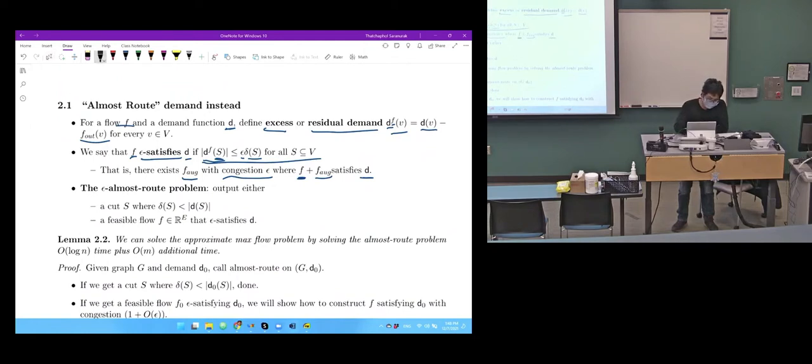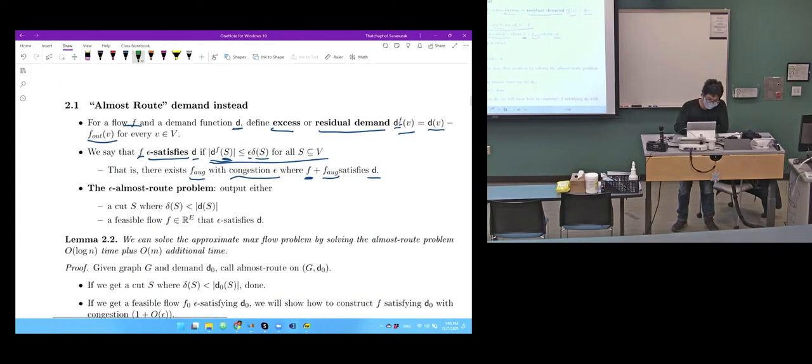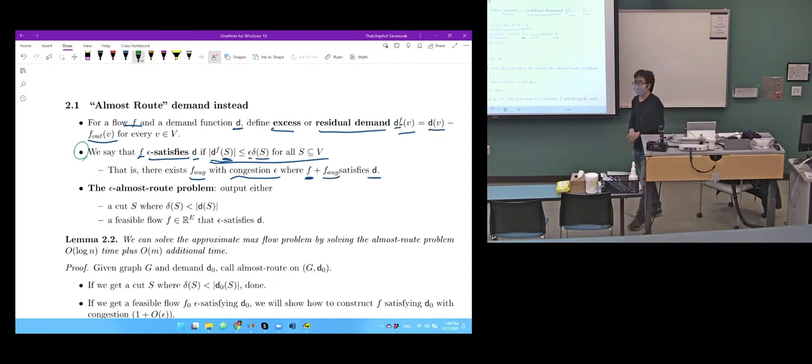So this is very important. Question about this definition: that F epsilon-satisfies D. We need delta S, the cut size of S. It means this, right?